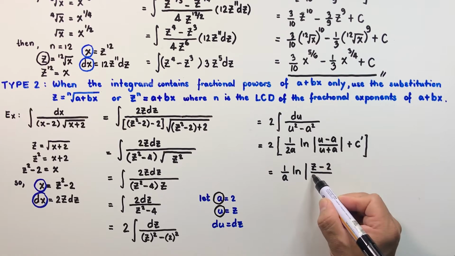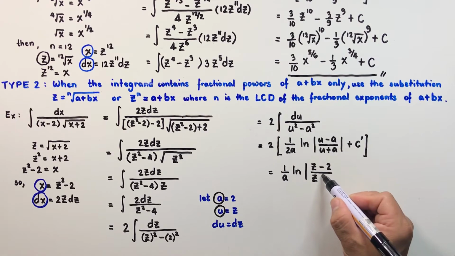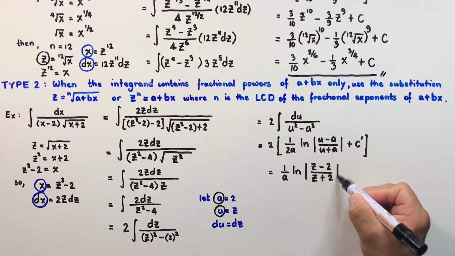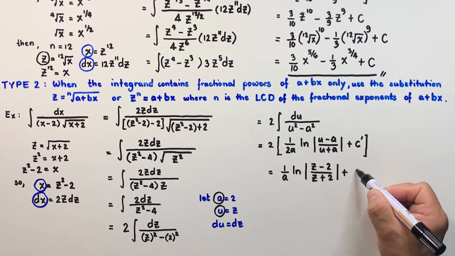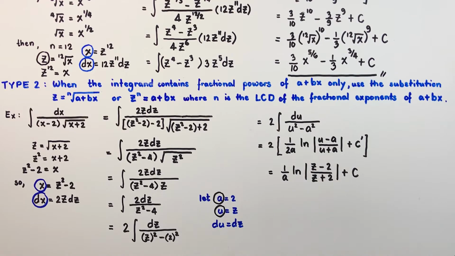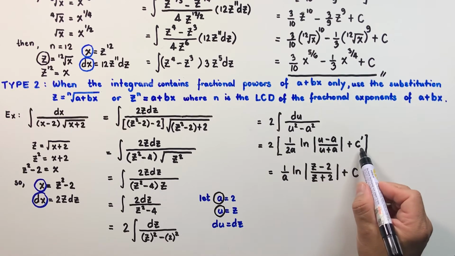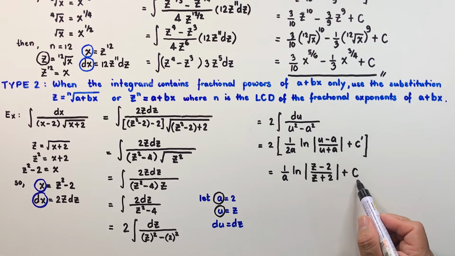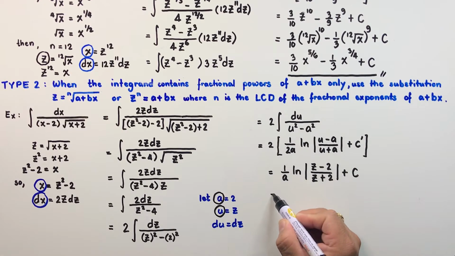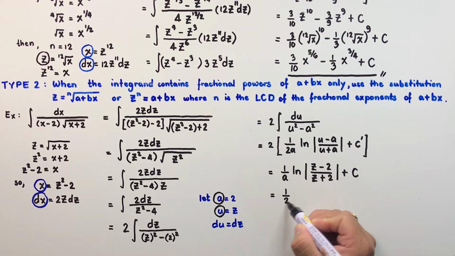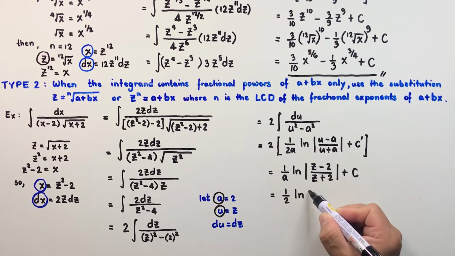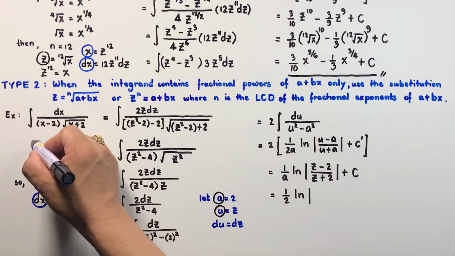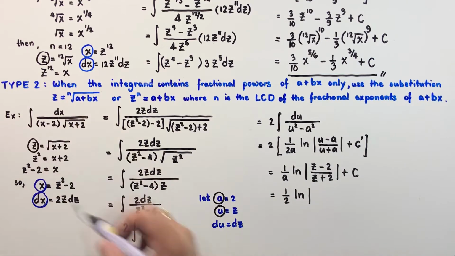So by substitution, we just substitute back our original variables. This is added to the constant of integration c, because when 2 is multiplied by another constant c prime, the product is still a constant. So we have 1 over 2 times the natural log of the absolute value of z, but our z is the square root of x plus 2.